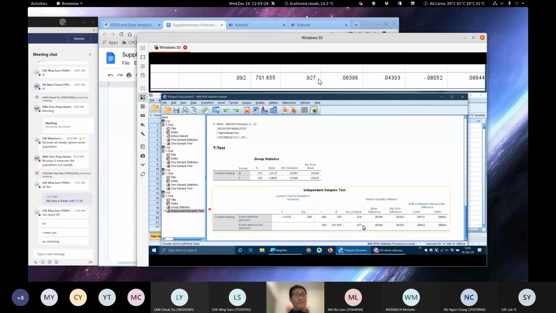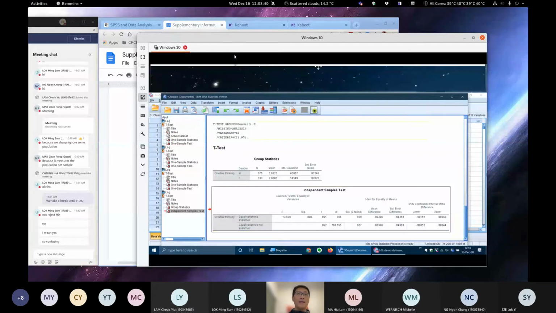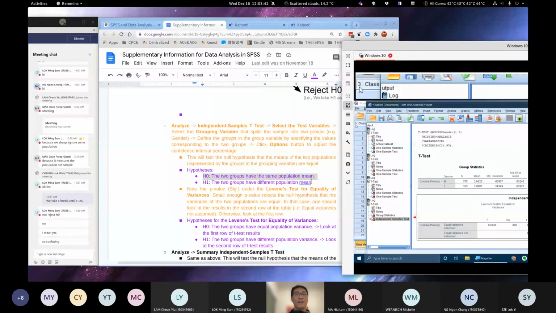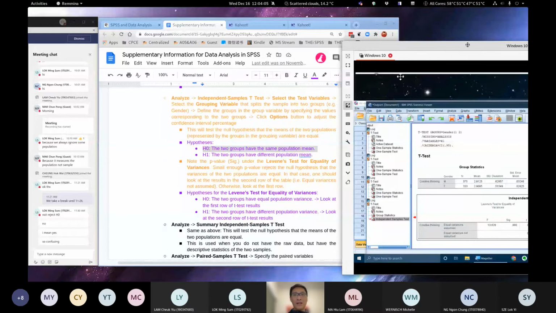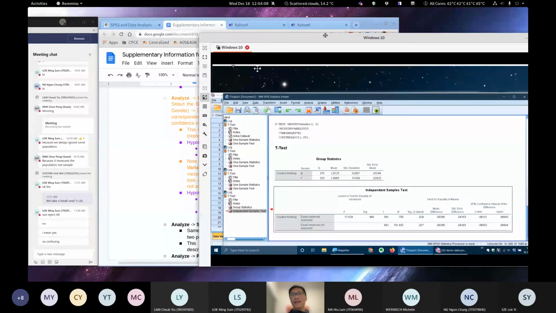It doesn't matter if you feel very confused at the moment, because when you have your real data and do this kind of test, you can always follow the steps one by one. It might be quite slow in the beginning, but as long as you follow the steps carefully, you will get the correct conclusion. And if you do it multiple times, you will get familiar with it, and at that time you don't really need to look at the tree diagram or the hypothesis. Everything will be more straightforward once you are familiar with it.